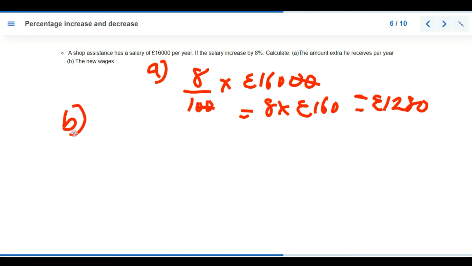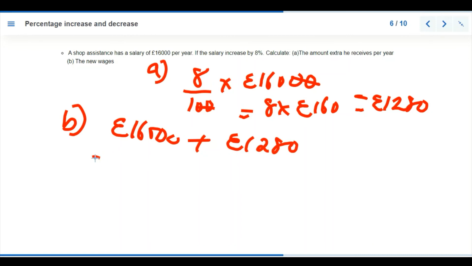To calculate the new wages, we add the previous wages to the extra amount, which is 16,000 euro plus the 1,280.